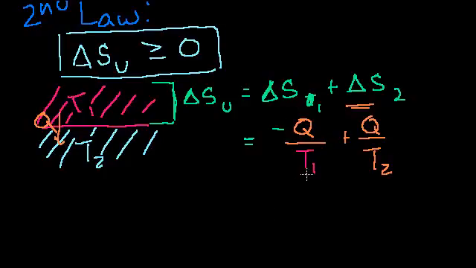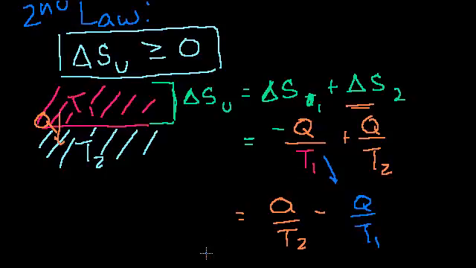Let's think about it a little bit. Let me rewrite this. I could rearrange them so that we write this as Q over T2 minus Q over T1. I'm just rearranging it. Now, which number is bigger, T2 or T1? Well, T1 is bigger, right? This is bigger.